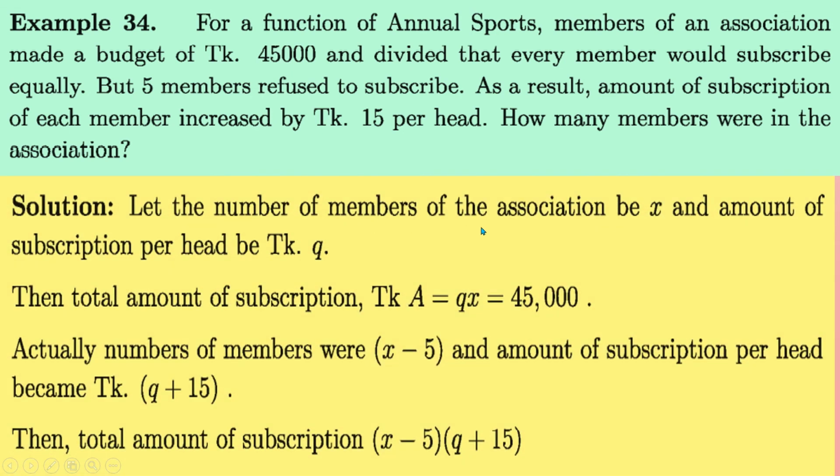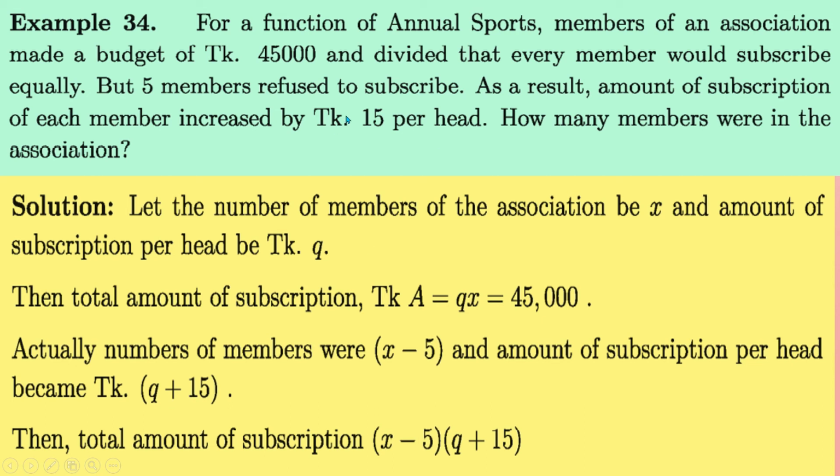Solution: let the number of members of the association be x and the amount of subscription per head be taka q. As a result, the total amount will be q into x, but q into x equals 45,000. Actually, the number of members was x minus 5 and the amount of subscription per head became taka q plus 15.